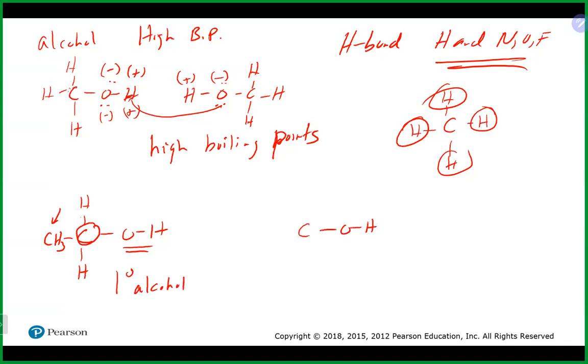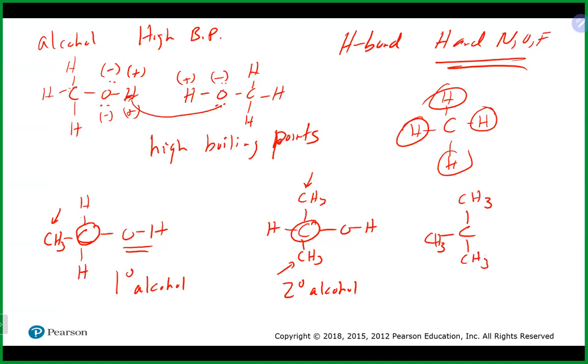If you have an alcohol like this, the carbon which has the OH group directly attached to it is attached directly to 1 and 2 carbons, which makes it a secondary alcohol. And lastly, if you had an alcohol such as this, this is the carbon that has the OH group.